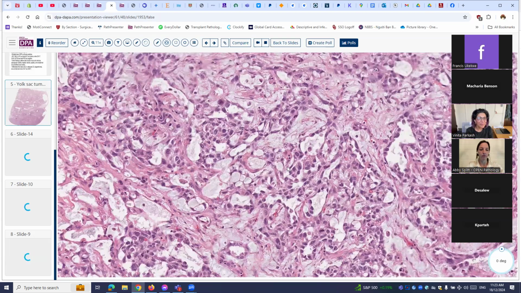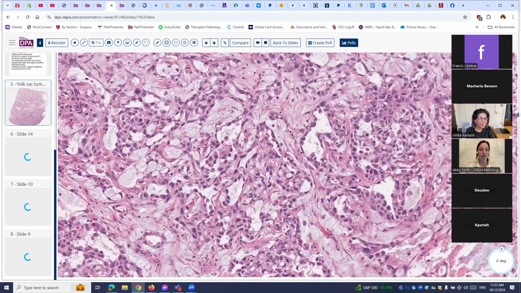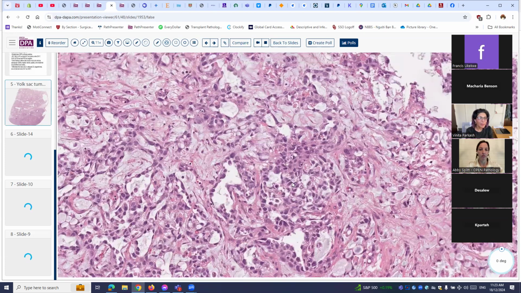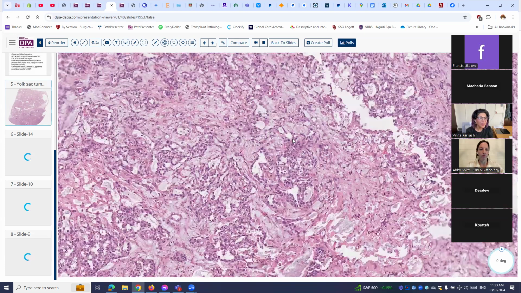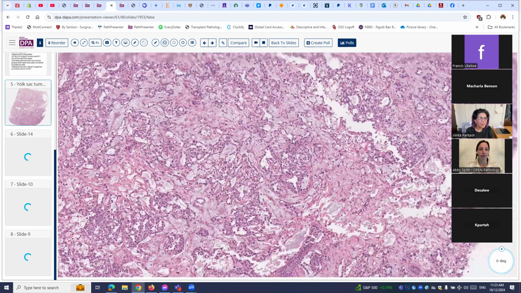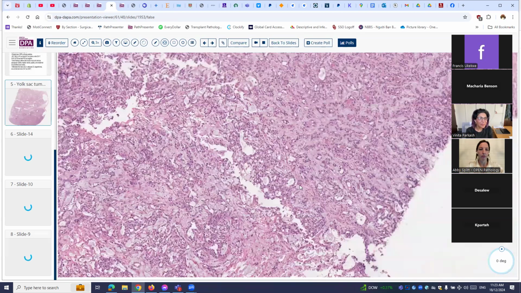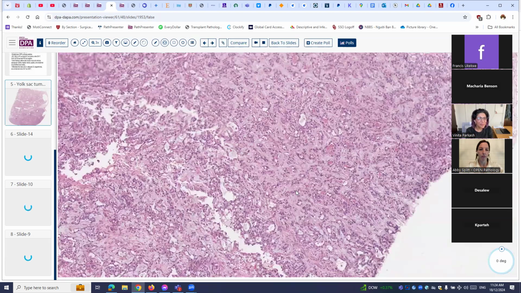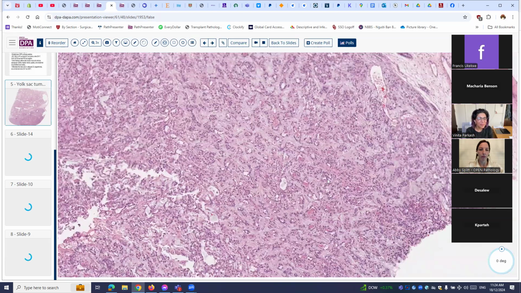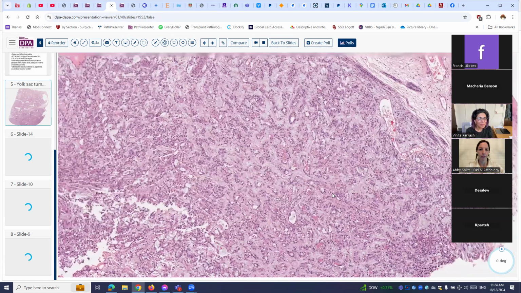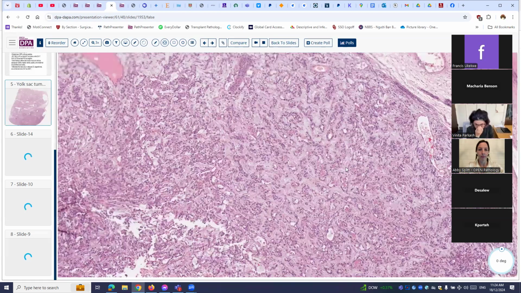This is an ovarian mass. Yes, this is from the ovary. Very good. So this could be either a secondary adenocarcinoma or primary signet ring cell carcinoma, or the other differential, probably yolk sac tumor, can be considered as a differential.